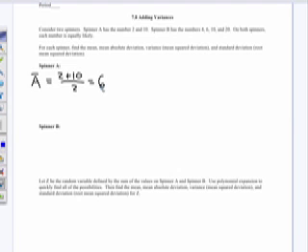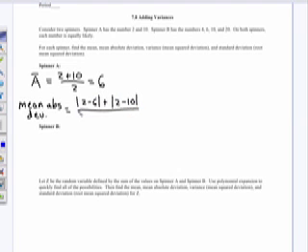So then if we did the mean absolute deviation, well, let's see, that would be the absolute value of 2 minus 6 plus the absolute value of 10 minus 6.